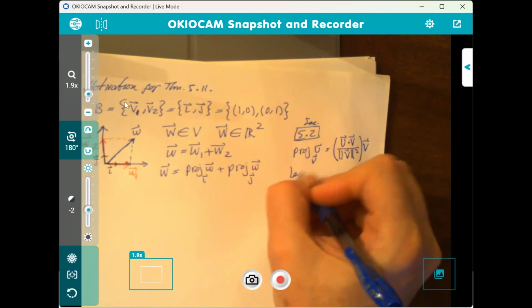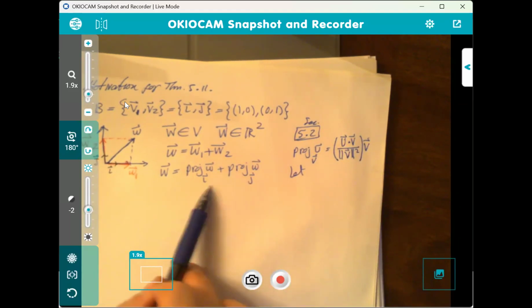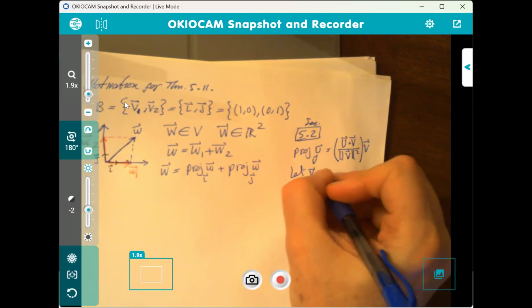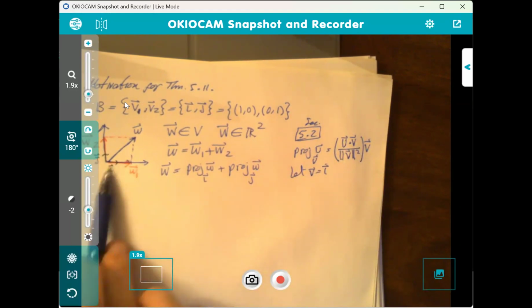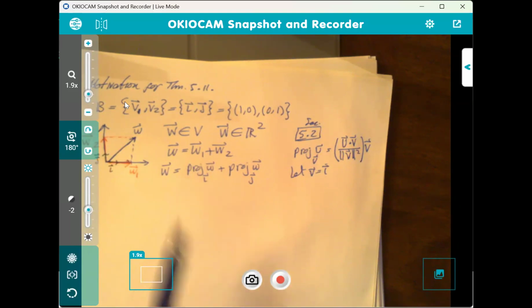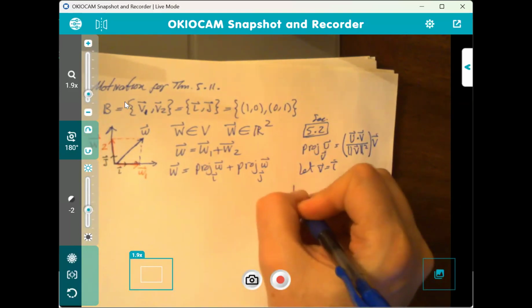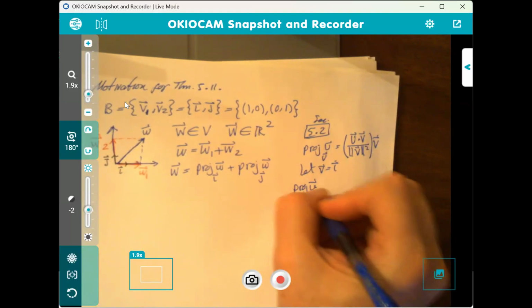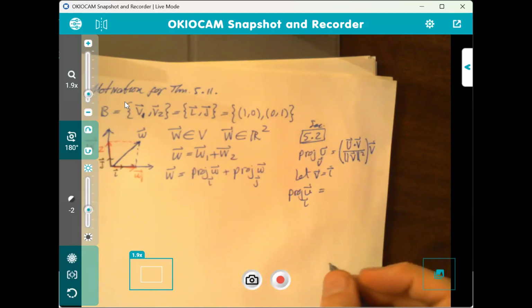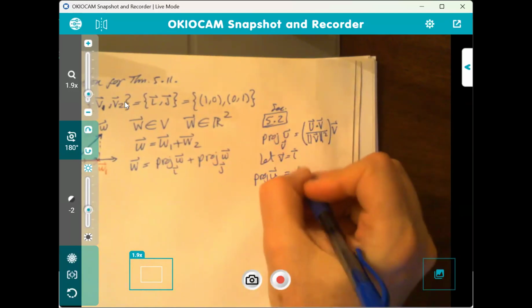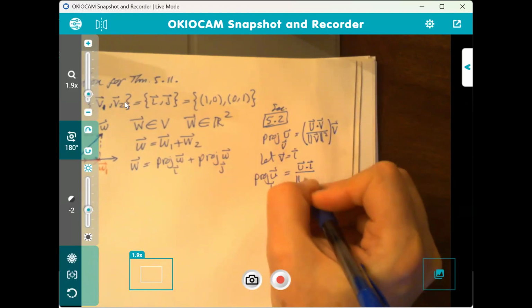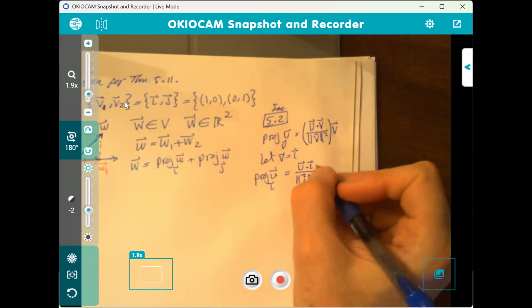Now, because we're projecting onto the i and j unit vectors, I'm going to let V, what's being projected onto, be i, for example. I'm looking at W1 and i. So the projection of U onto i is going to be U dotted with i over the magnitude of i squared, times i.